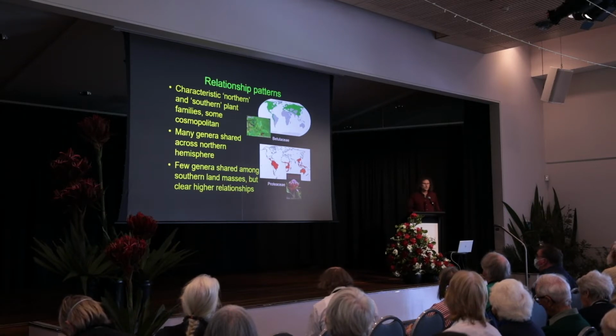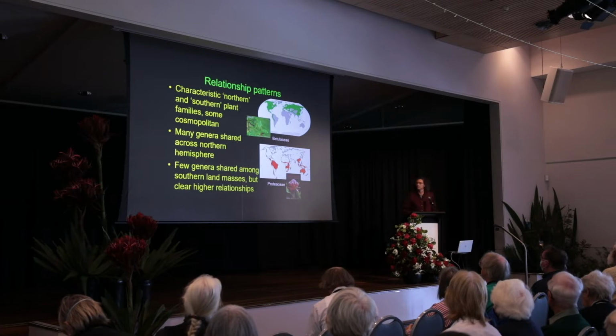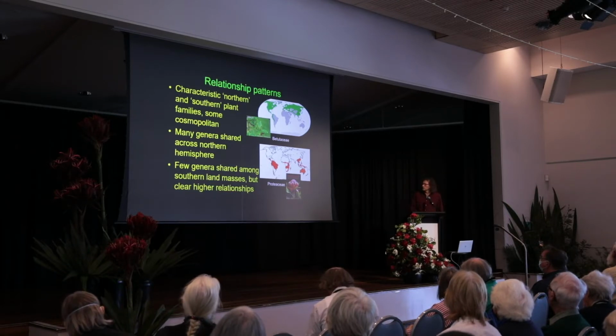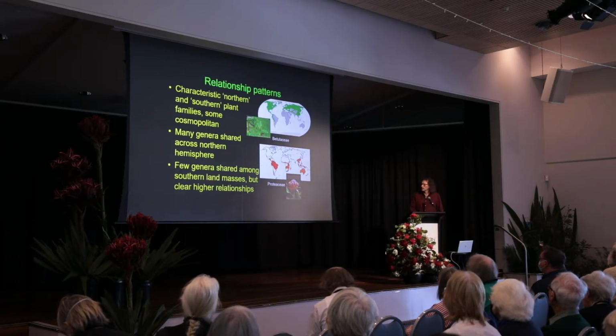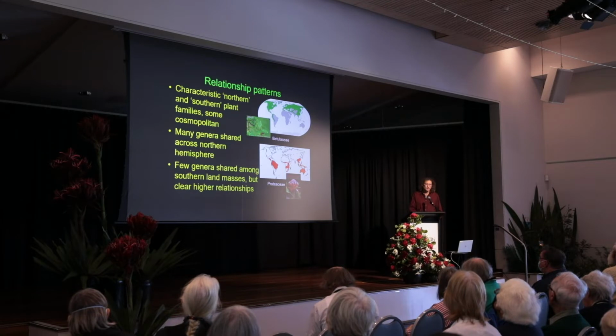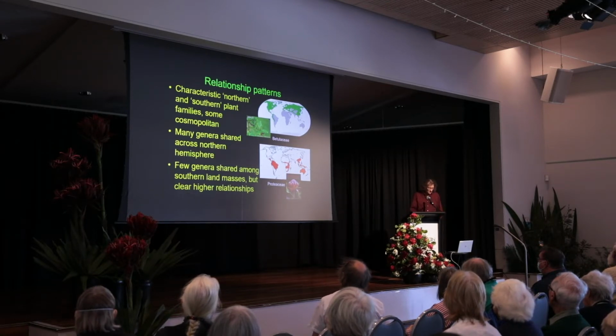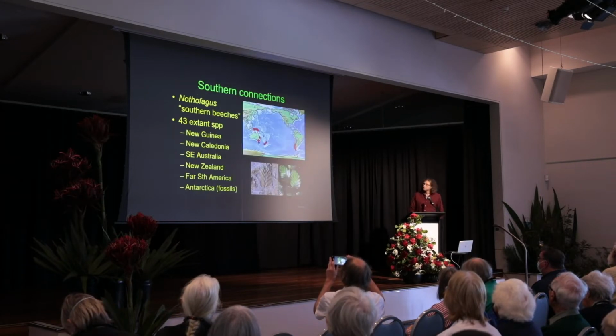And instead, in the Southern Hemisphere, we have families like the Proteaceae, and lots of others, including the Restionaceae and quite a few others that are perhaps a little less well known. So there's actually not a lot of genera in particular shared between the northern and southern hemispheres, but there's also major patterns in the families as well.